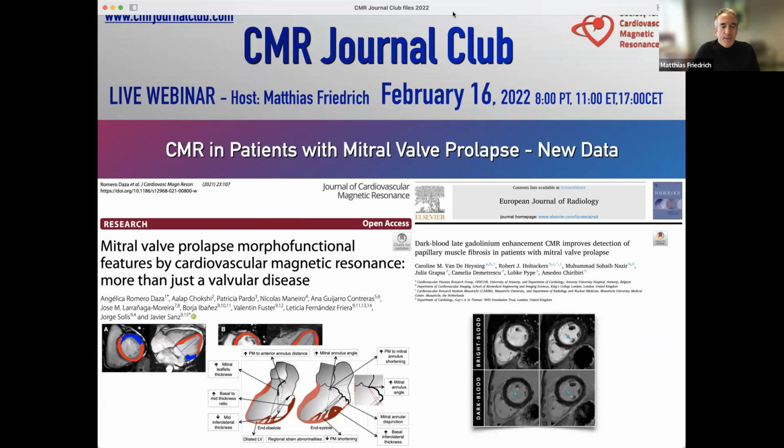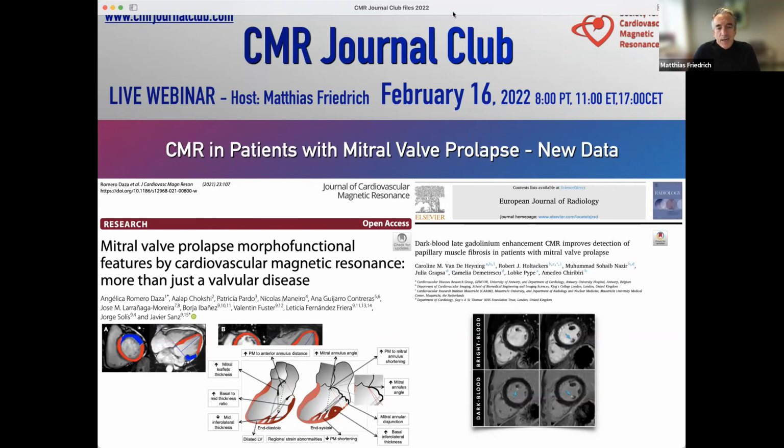There will be 2 papers on a topic that I think is undergoing some changes in our understanding, and this is mitral valve prolapse. There is a very provocative, but also very interesting paper looking at several features of mitral valve prolapse as assessed by CMR. That's from the group around Javier Sanz and Borja Ibanez, and with Valentin Fuster, and Angelica Romero Daza is the first author.